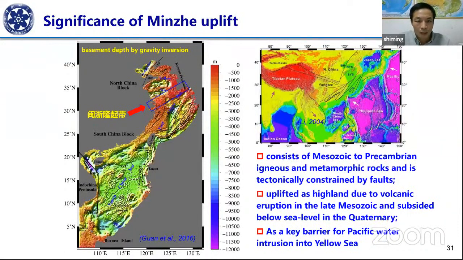However, we emphasize that not all parts of the Minzhe uplift subsided; some parts still uplift above sea level. For example, Jeju Island is also part of this Minzhe uplift, so it acted as a key barrier for Pacific seawater intrusion into the Yellow Sea. This part is very important.